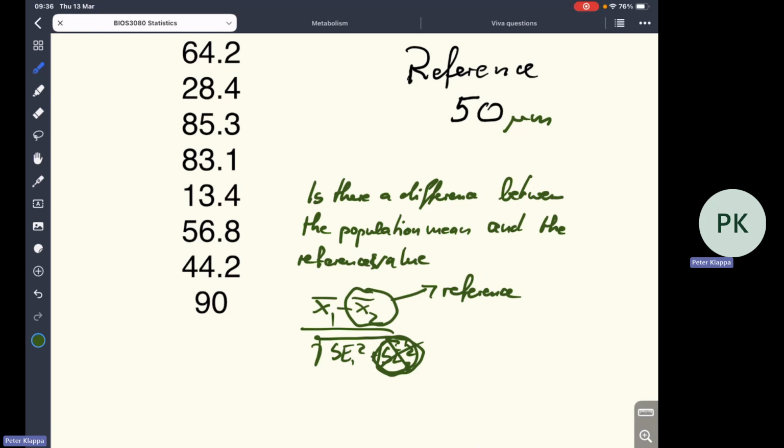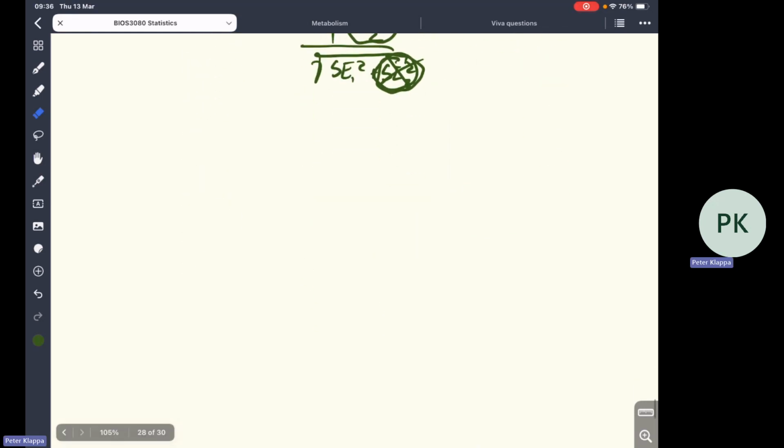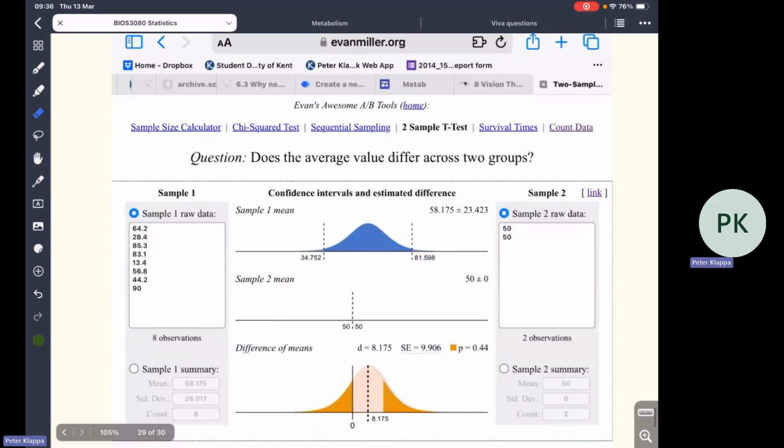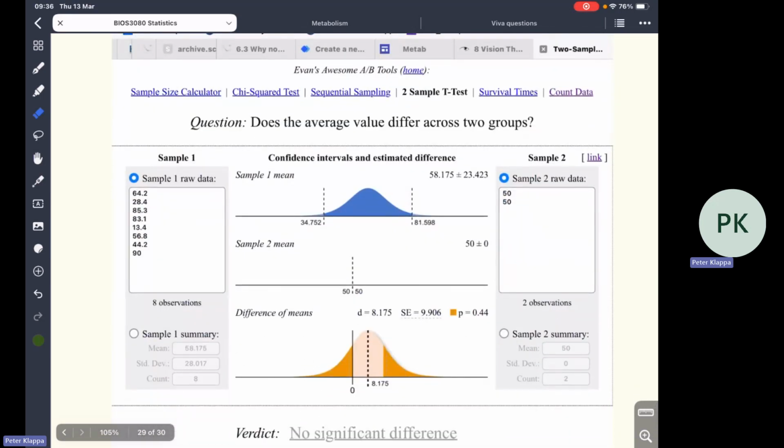Again, we need to think about how we do that. In the online calculator, it's very simple. You can do it in Excel too, but you have to work around a little bit. In the online calculator, we just enter our data for sample 1.